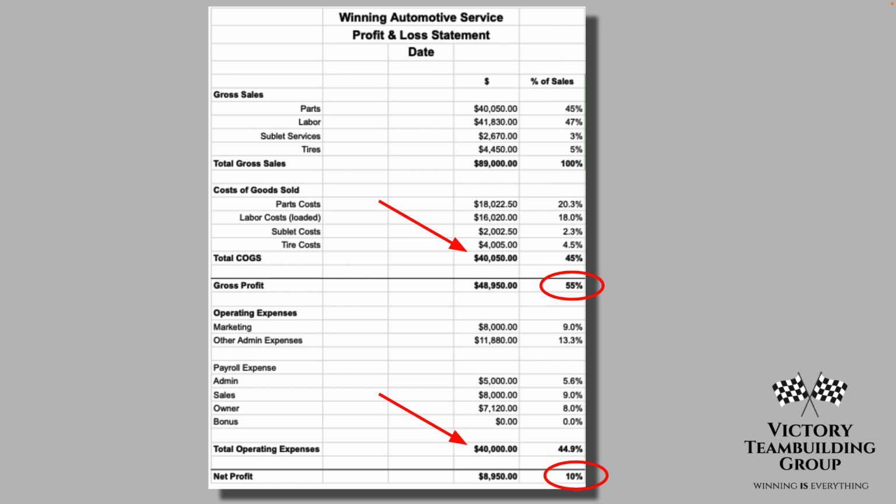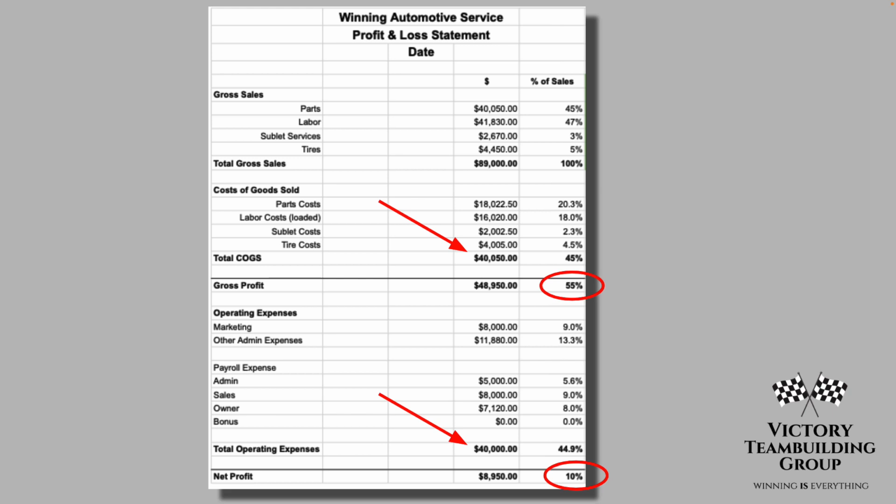And you also see here that the percentage of operating expenses went up. It's a higher percentage of the overall sale. It's almost 45% operating expenses and 45% cost of goods sold. And this is where you can see that 5% on gross profit margin ends up costing this owner 10% in net profit margin.